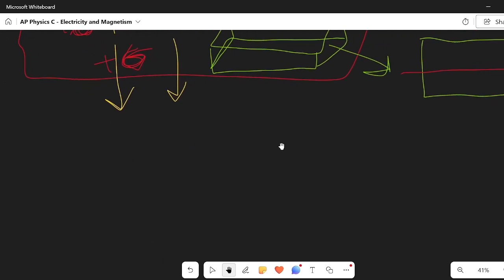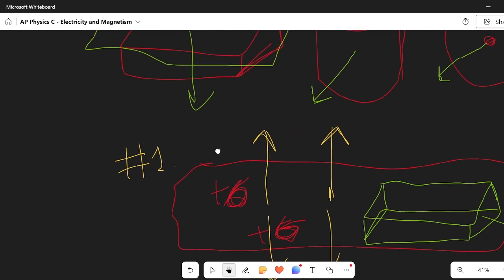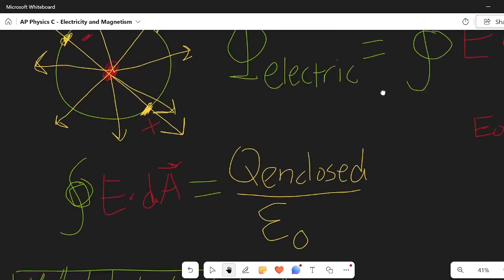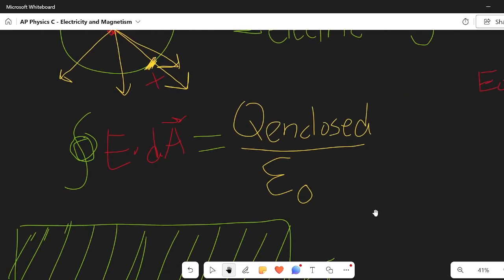So now let's try to evaluate the electric flux, because remember Gauss's law. To evaluate the electric field, we have to get the Q enclosed on its own side.